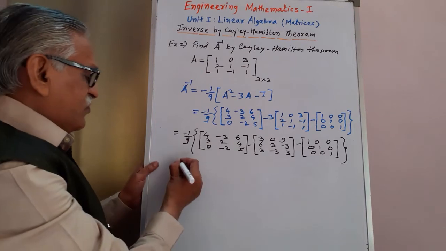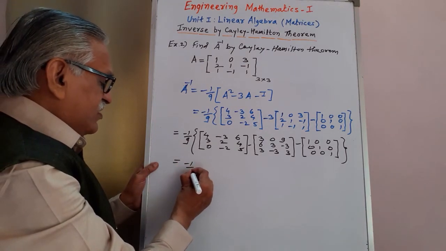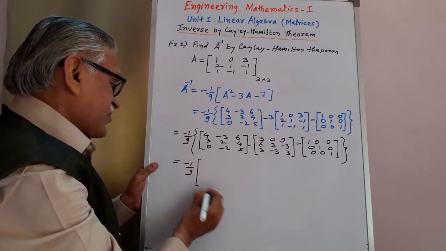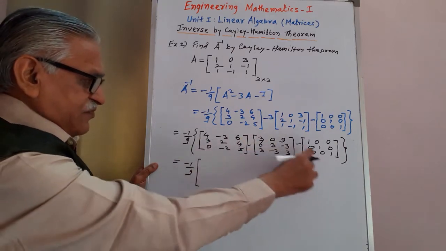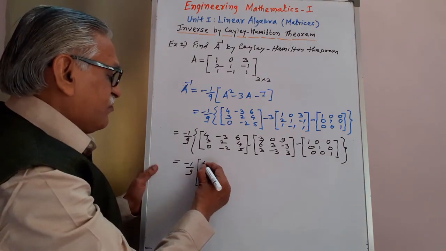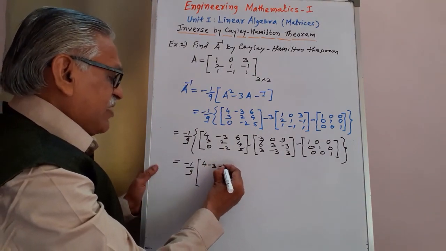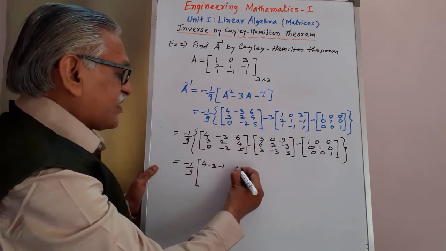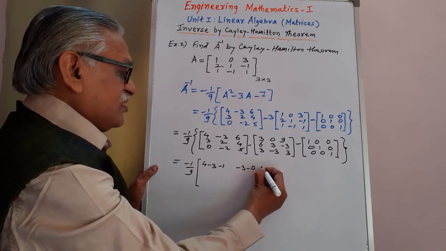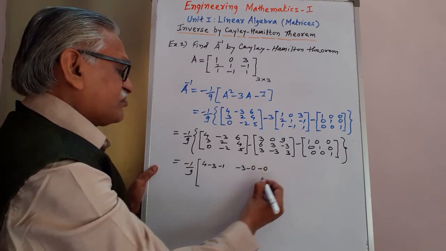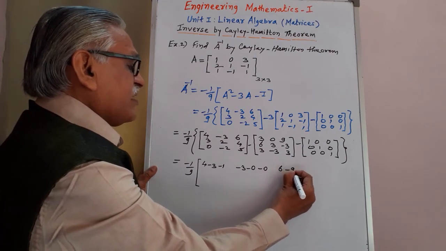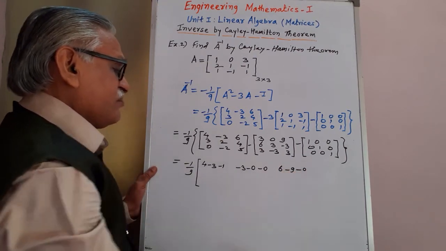And then it is equal to minus 1 by 9 times, subtracting the elements. The first row: 4 minus 3 minus 1, then minus 3 minus 0 and minus 0, then the third, 6 minus 9 minus 0.